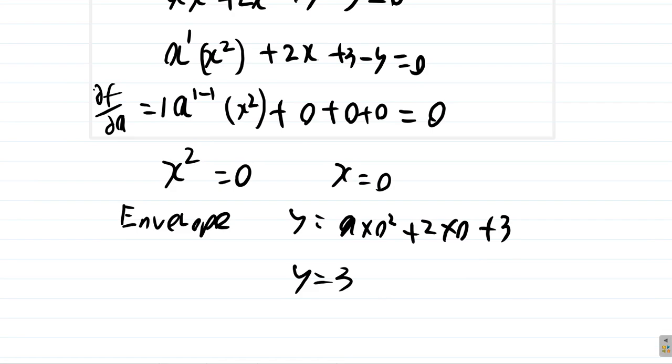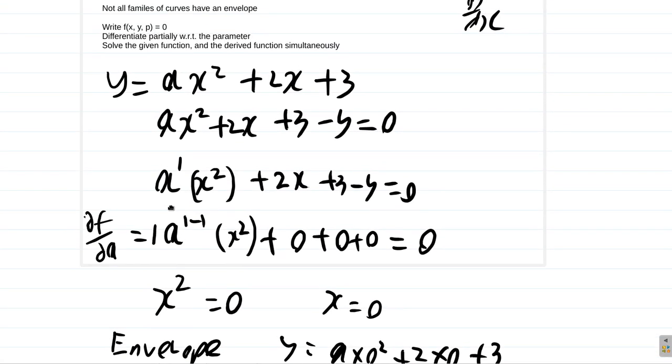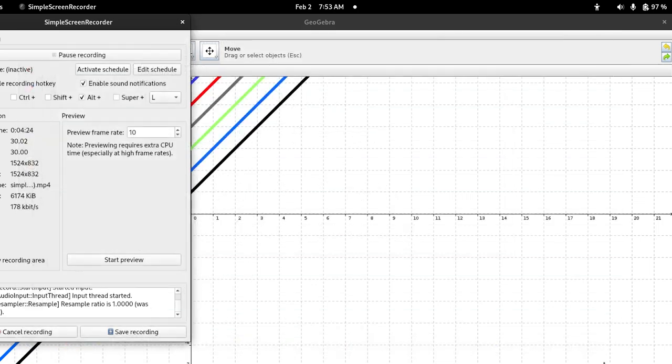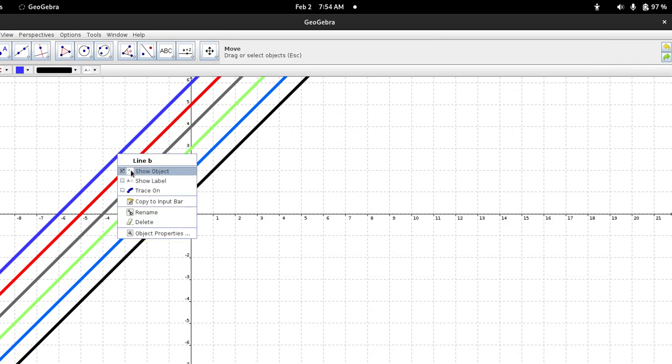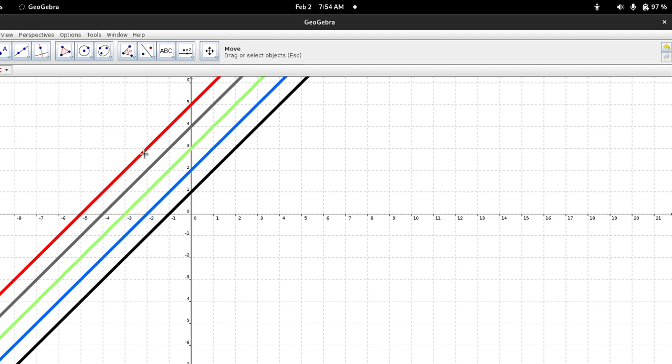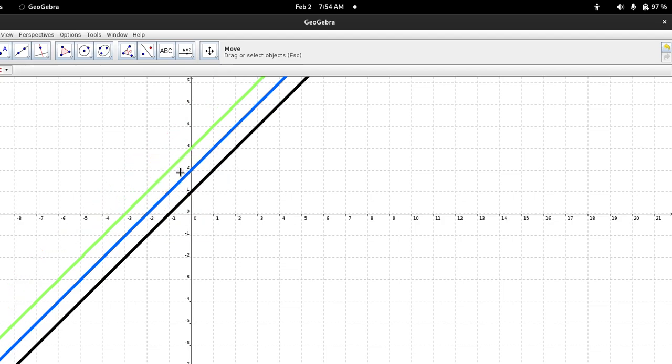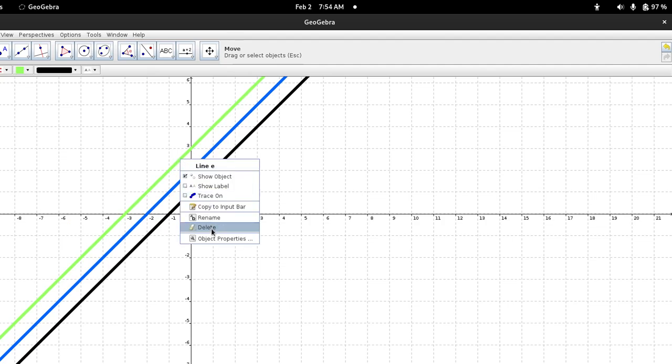Now let us look at this function y equals ax squared plus 2x plus 3 graphically. Alright, this is our graph, but we still have these things from our previous work. Let's erase these graphs.